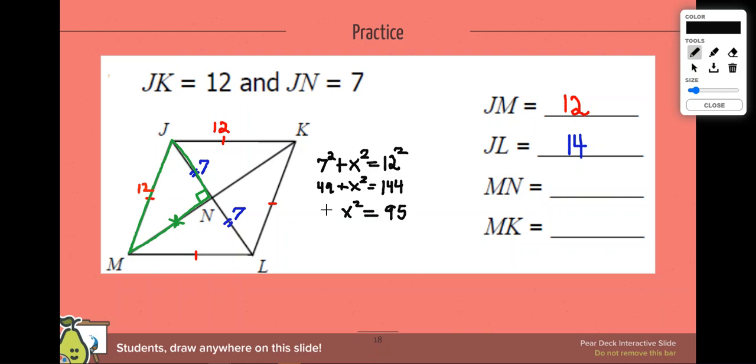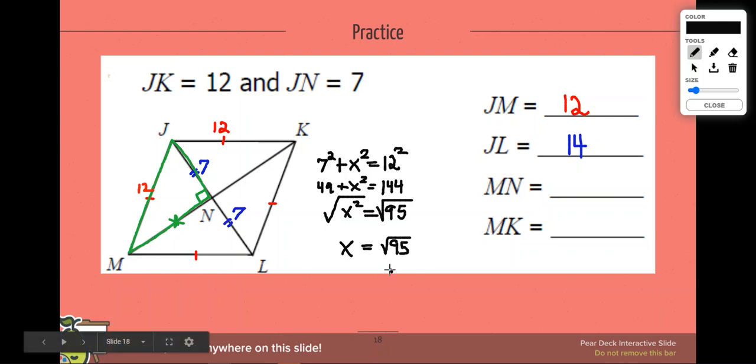Now remember, the opposite of a square exponent is to take the square root. They cancel each other out. So now, when I take the square root of x squared, I get regular old x. My answer is the square root of 95. You can leave it like that, or if you'd like, you can change it to 9.7. Fine either way.